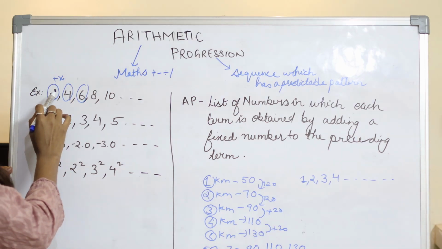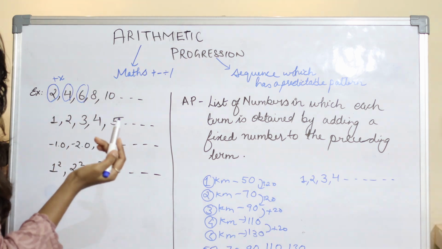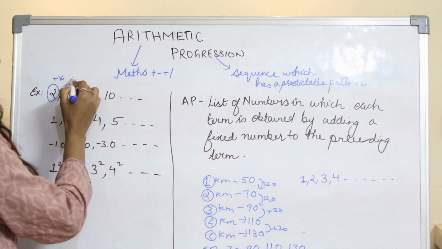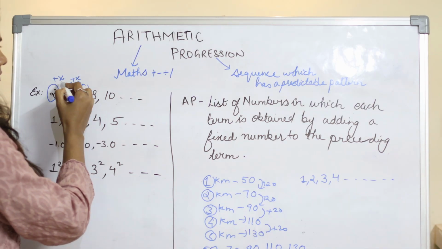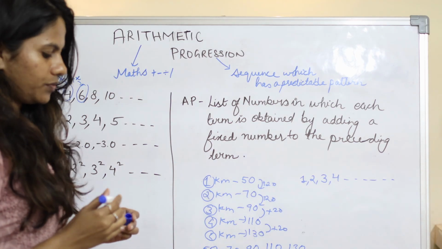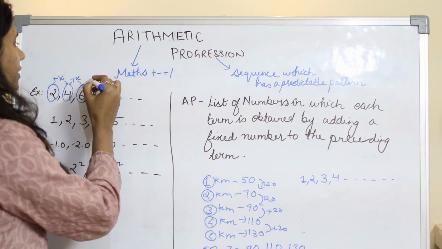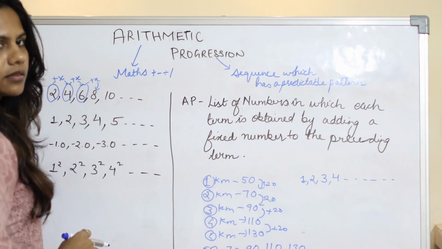I'll explain it more. That means, if we add x to 2, we get 4. If we add the same x to 4, we get 6. In the same way, if we add x to 6, we get 8.